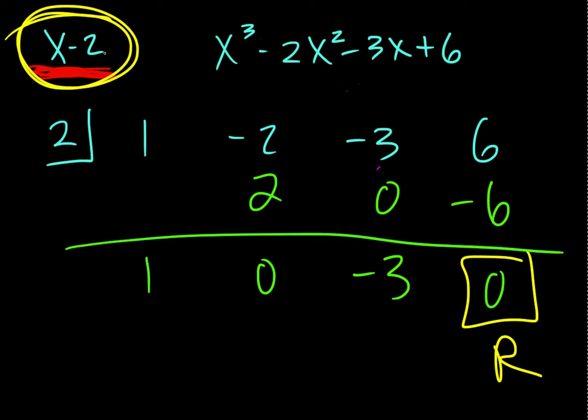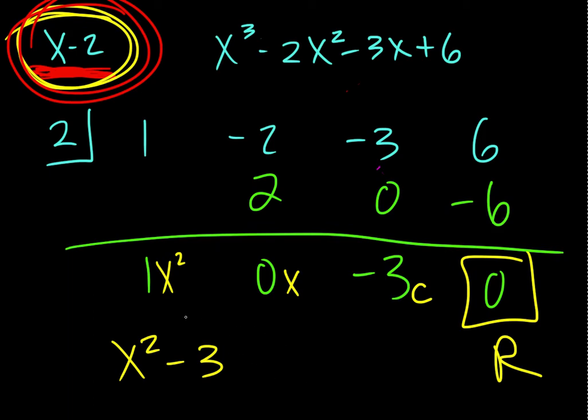Okay. Now because we divided out a power of x, this is going to correspond to an x squared term, this is going to correspond to an x, and this is a constant term. So if I was to write this out, it would just be x squared minus 3. It wants us to fully factorize, so we know that this is one of the factors.